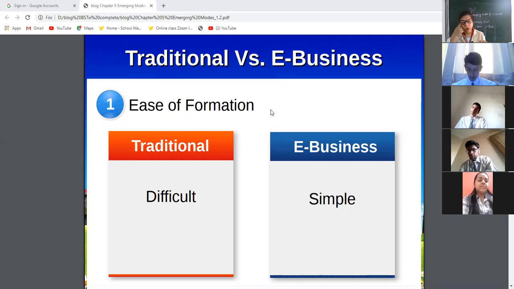The person who knows about computer operations, about order taking and order delivering, this is easy. So we can say formation, starting of e-business is simple compared to traditional business because it requires less investment, less stock, less goods, less workers. Okay?